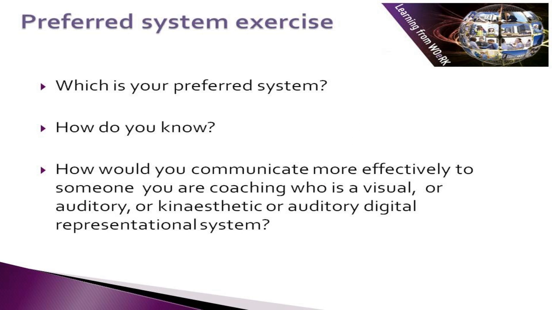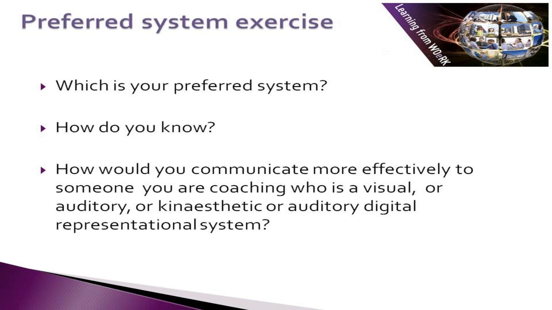So, here's a little exercise for you to do. Which do you think at the moment is your preferred representational system? And how do you know that? You may find out more about this in the other exercises that we're going to be doing in this session. But for now, just jot down what you think is your preferred system and how you know that.